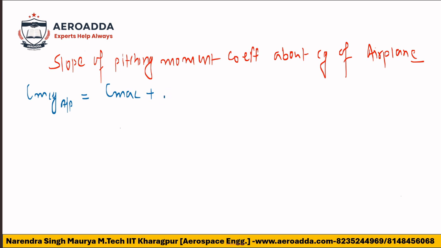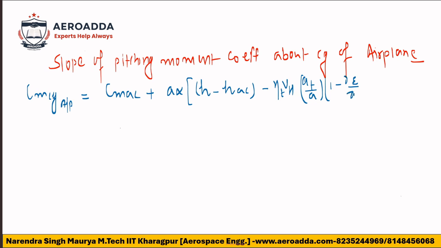So directly I'm just going to write CMAC plus A alpha, in bracket it is nothing but h minus hAC, correct, minus eta T VH, AT by A, 1 minus d epsilon by d alpha, correct, plus the third component that you also remember in the same format: first component, second component, and third component. Eta T VH AT in bracket, epsilon naught plus. This is the formula you have, right?